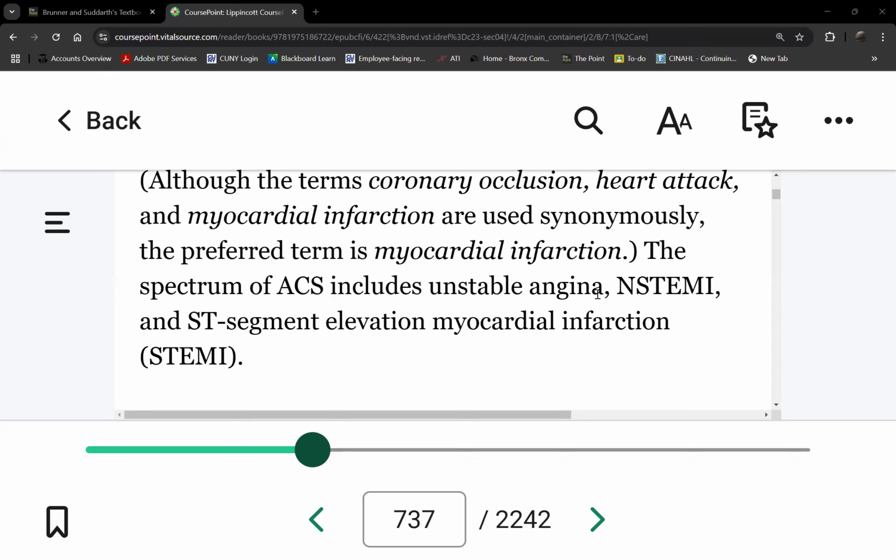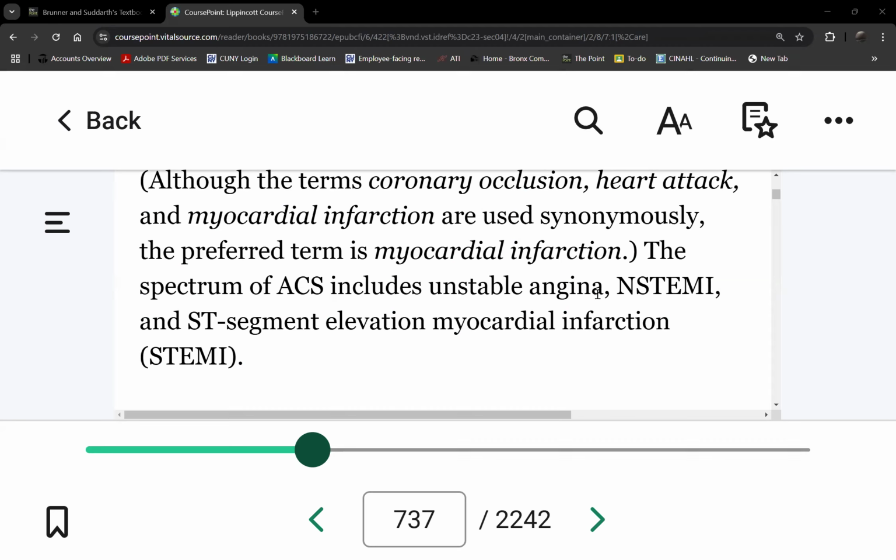With unstable angina, yes, there may be some ST T wave changes as well. However, the second diagnostic test we need is the troponin. Unstable angina may have some ST elevation, but there is no troponin rise, meaning the troponin will be negative.